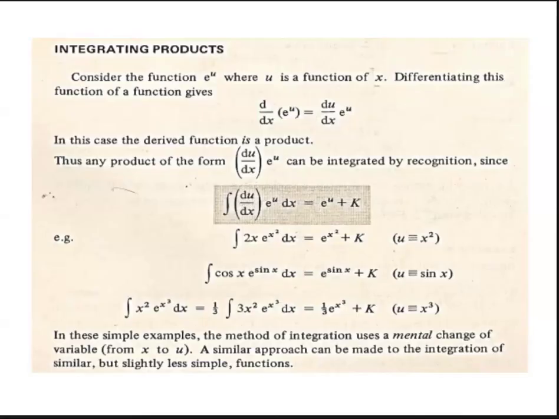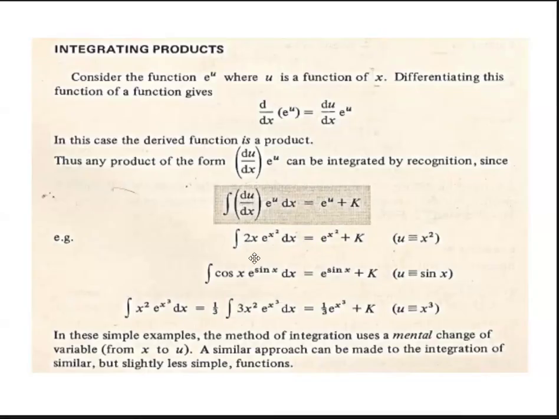So one of the things they're saying in all of this is that you can use recognition sometimes, right? You can look at something and see that, well, look at this function here. You can see that had you e to the x squared, if you were to differentiate that, you'd get this, 2x e to the x squared.